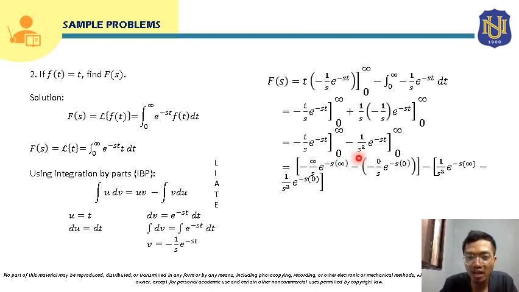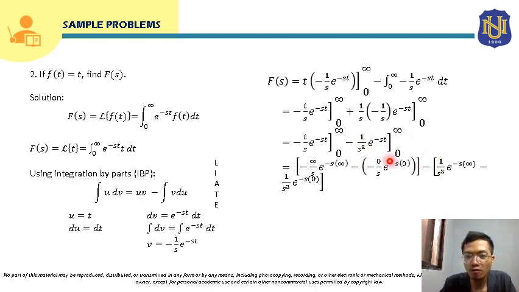So that will be minus negative t, our t is 0, over s, times e raised to negative s times t, which is 0. From here, minus, we will just factor out the negative here, and we will substitute infinity and 0 to variable t in this function. So we just factor out the negative here.